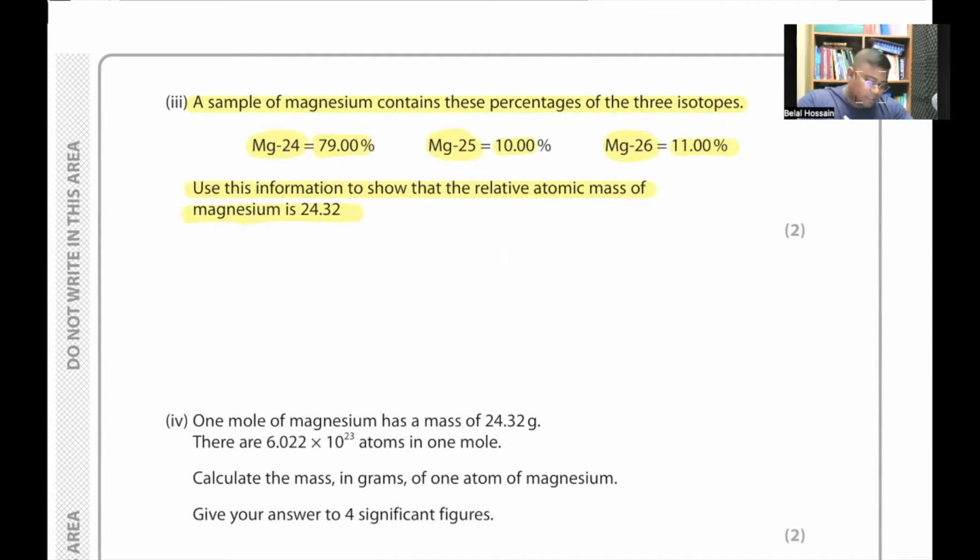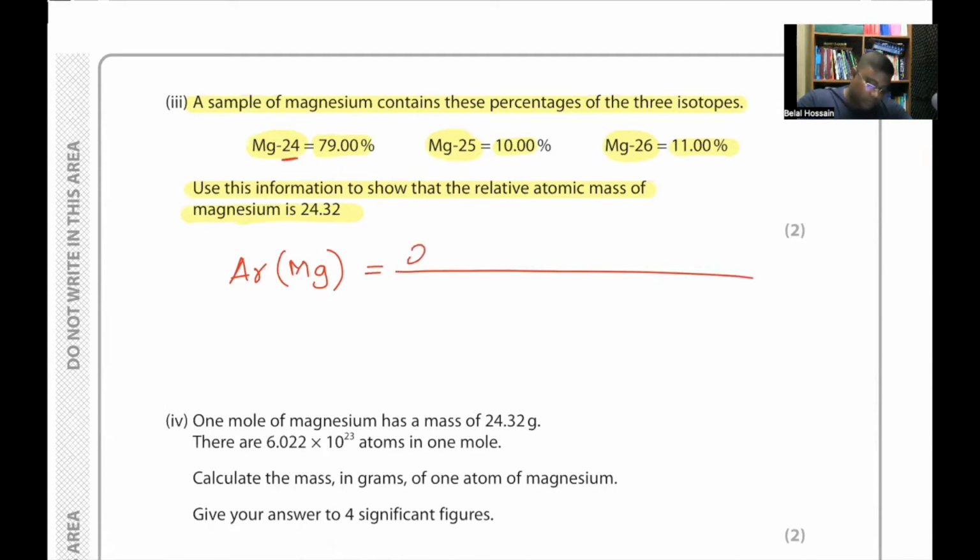So when doing relative atomic mass like this, we have to write Ar of magnesium, and then the procedure is we will take the isotope, for example 24, which is present in 79%, so we will multiply it by 79, and then we'll take 25 multiplied with 10, and then we'll take 26 multiplied with 11.